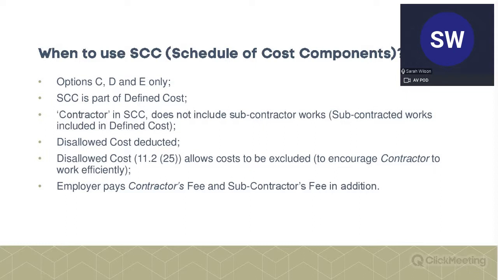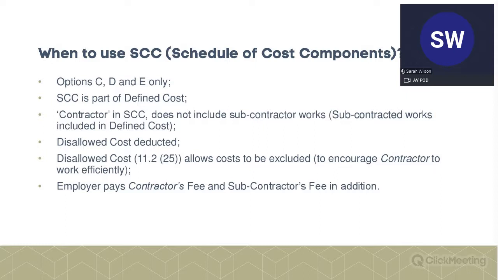So the schedule of cost components, it's referred to in the defined cost. So what you're entitled to claim is your defined cost, and then you look to which one is relevant. As I've said, for C, D and E contracts, it's the schedule of cost components rather than the shorter schedule. In the schedule of cost components, we're talking about the contractor's work.